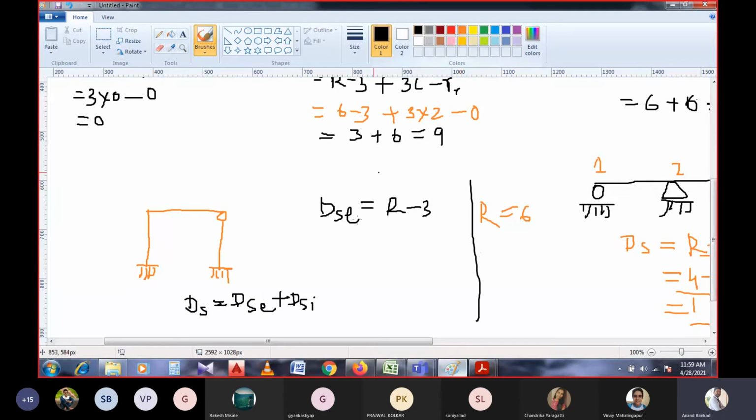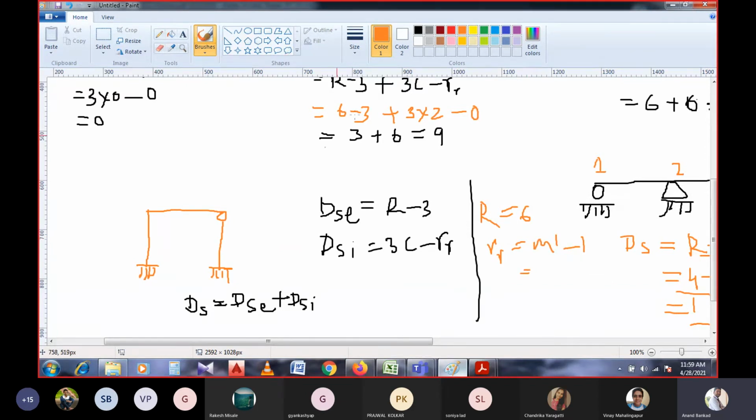And now dsi will be having 3c minus rr, right? And the rr will be having m dash minus 1.